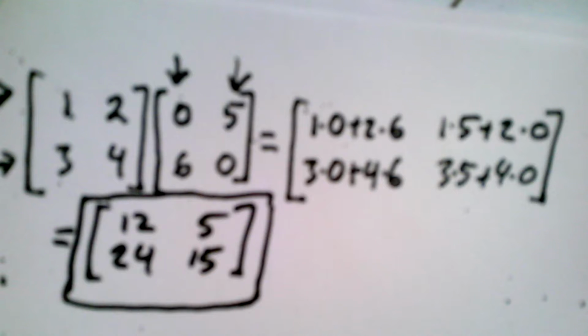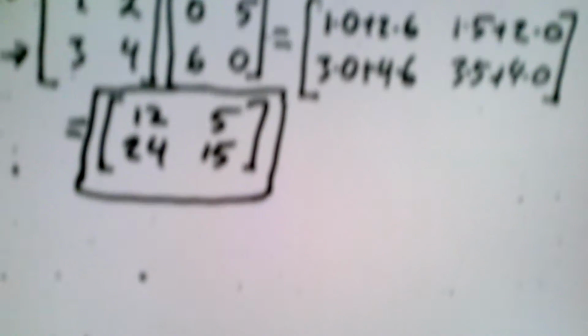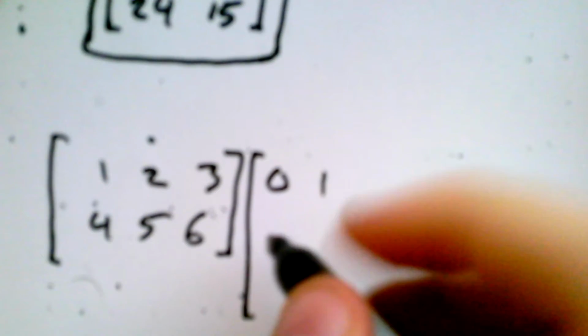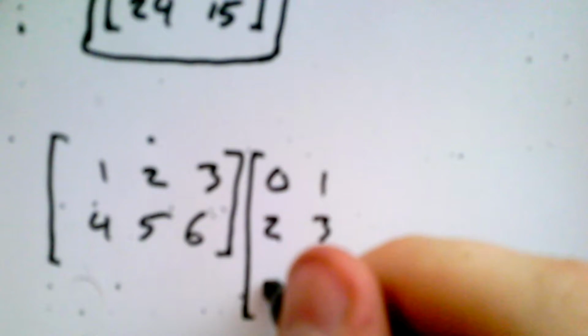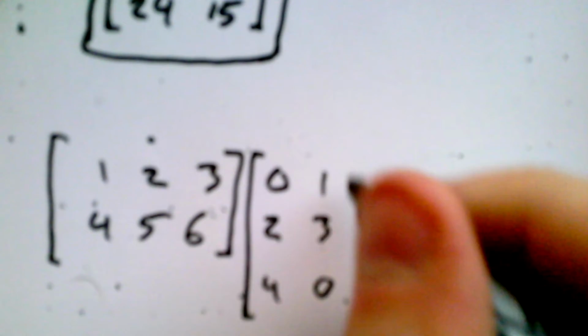So we might want to see this again. Maybe this time with a slightly bigger matrix. So let's try. Here we'll have 1, 2, 3, 4, 5, 6 as our first matrix, and we'll have 0, 1, 2, 3, 4, 0.